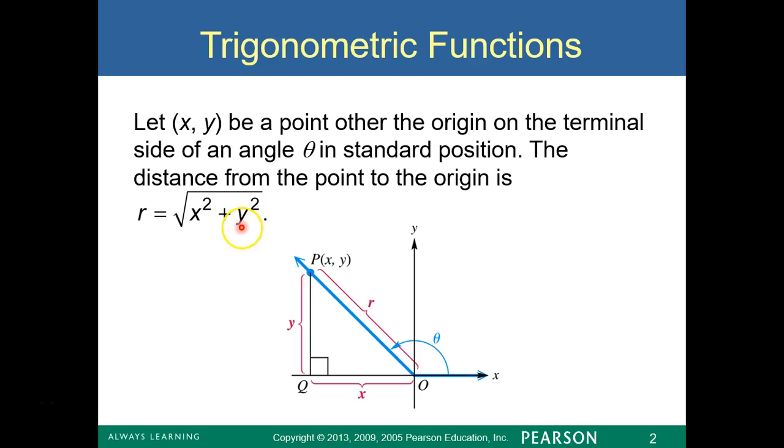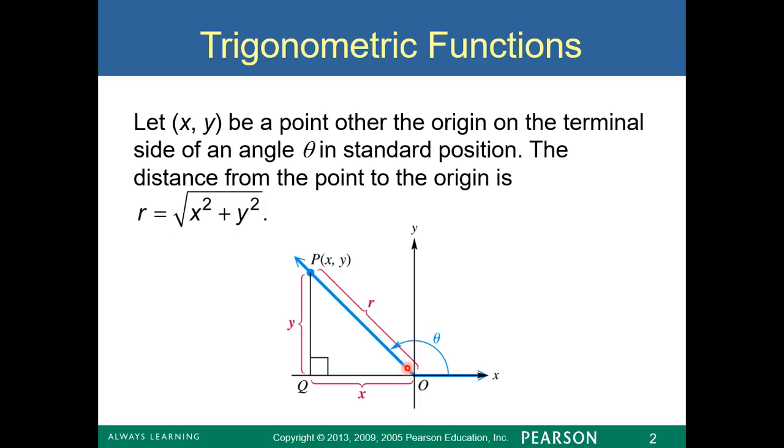If you remember the Pythagorean theorem, it's a squared plus b squared equals c squared. C is always the value of your hypotenuse on a triangle. And right here, we do have a right triangle. Whenever we draw a line downwards, this is your x, this is your y, and there's your hypotenuse.